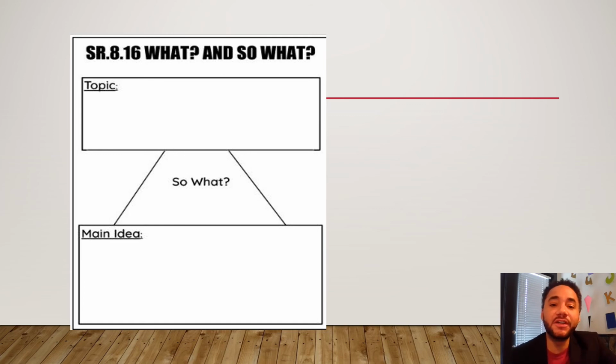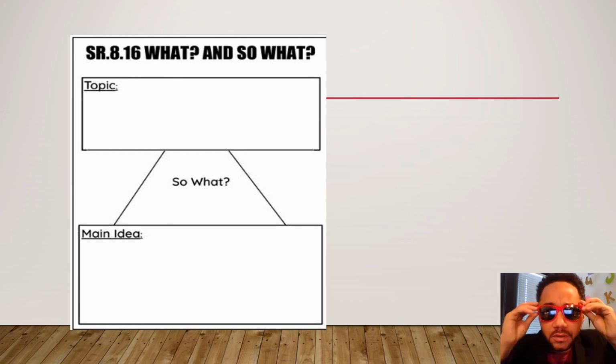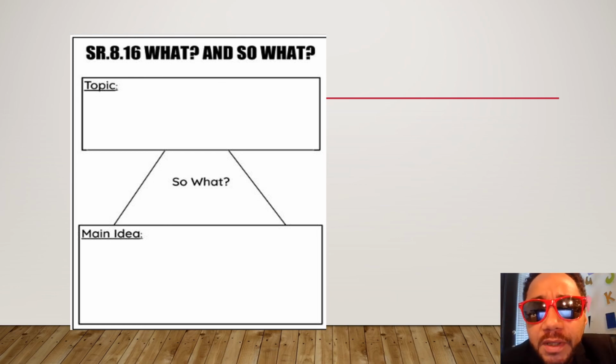So what you're going to do now is you're going to log into Clever. You're going to watch the video on BrainPop, a great video to reinforce main idea. And then you're going to read a really cool article called Speak Fido.